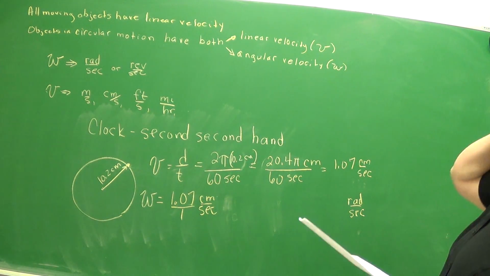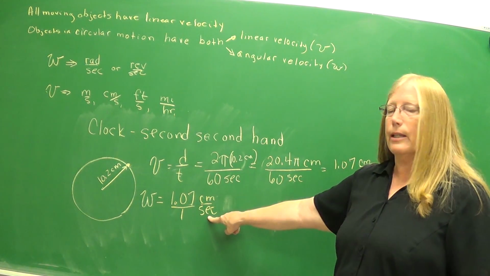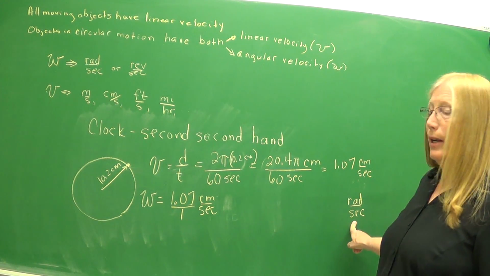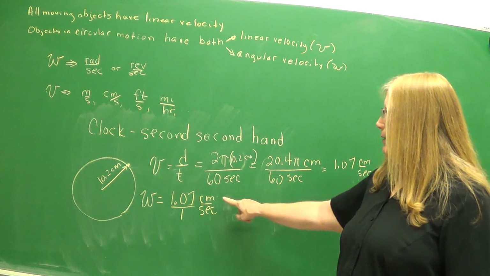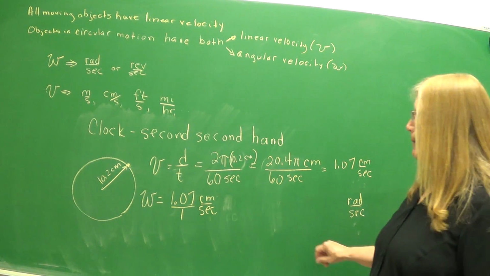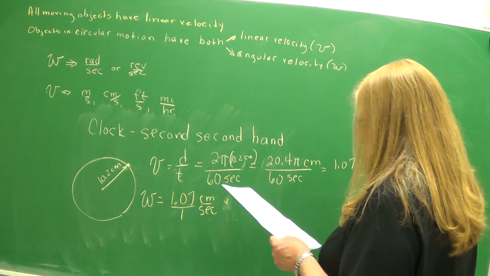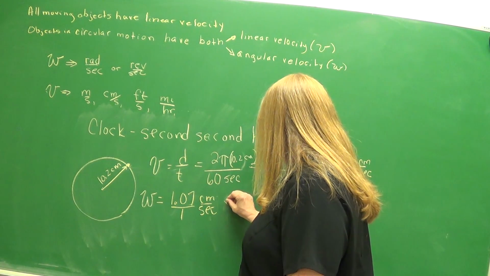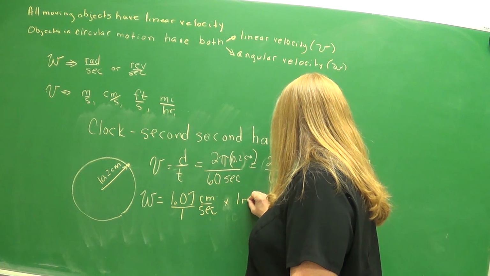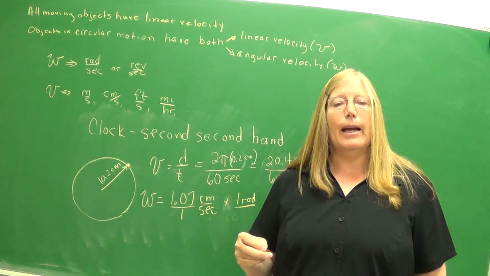So I'm starting down that path, and I notice seconds are in this expression and in this one, so I don't have to mess with seconds. But I have centimeters that somehow I have to transform to radians. The way I do that is I'm going to take 1 radian, and remember, a radian is the same as a radius.